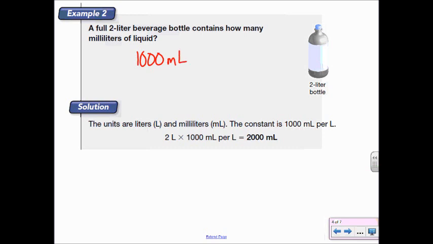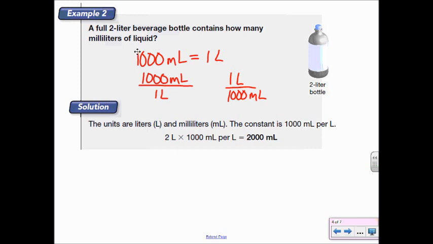Milli means 1,000, so it makes sense that there would be 1,000 in 1 liter. From this we can make 2 different fractions. We can have 1,000 milliliters on top of 1 liter, or we can have 1 liter on top of 1,000 milliliters.